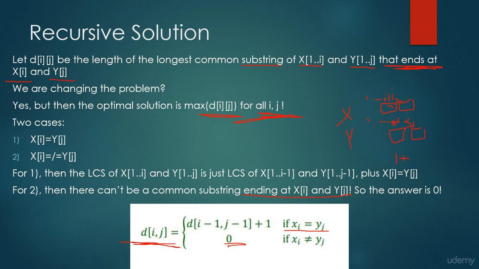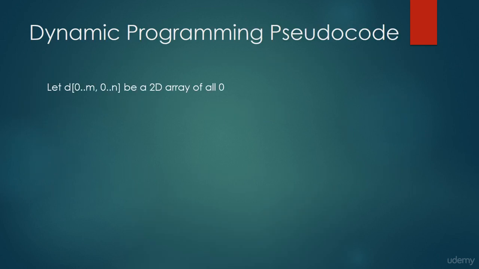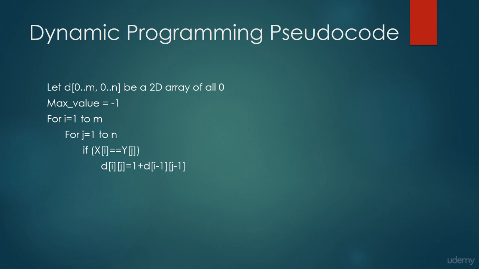So let's have a look at the pseudocode to see how this would work. We let d, 0 to m by 0 to n, be a 2D array of all 0s. And we set the maximum value equal to -1. This is the variable that will store the maximum value of dij. Now we go for i equal 1 to m, for j equal 1 to n. If xi is equal to yj, then dij equals 1 plus di minus 1, j minus 1.